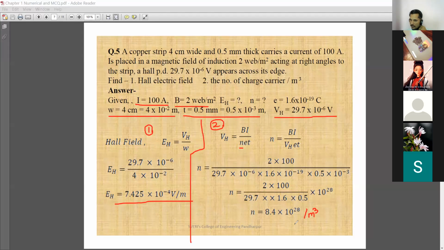So N is equal to 8.417. Just a minute, it is not audible. Please repeat. N is equal to 8.417.